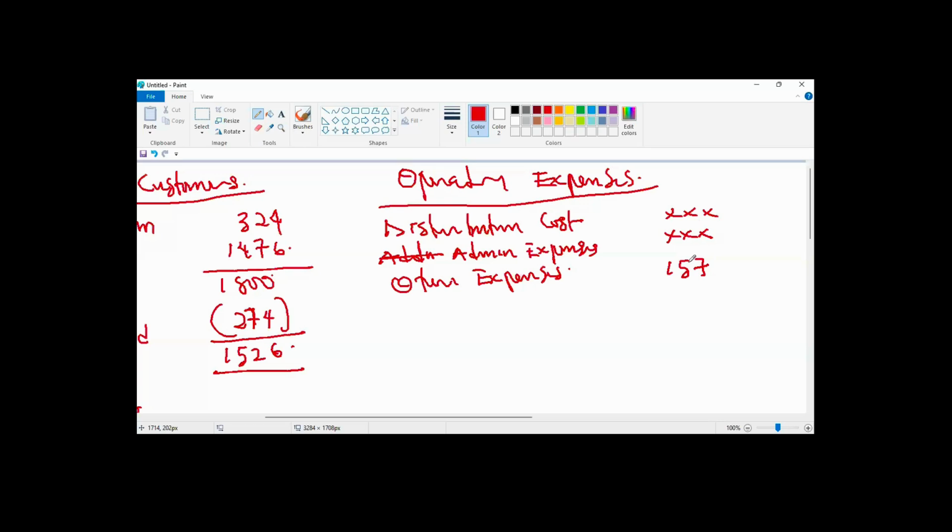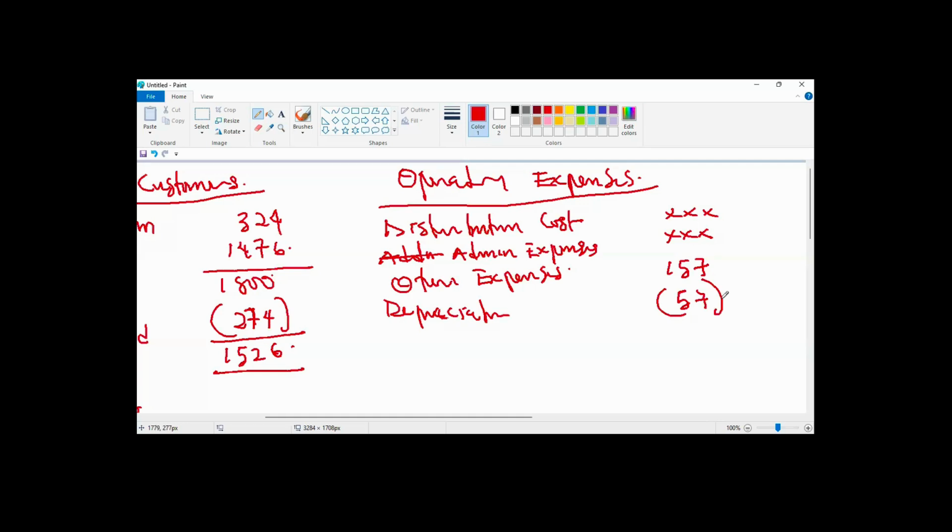I have depreciation of 57,000. What do we do to depreciation in indirect? We add it back. What are we going to do here? We less.